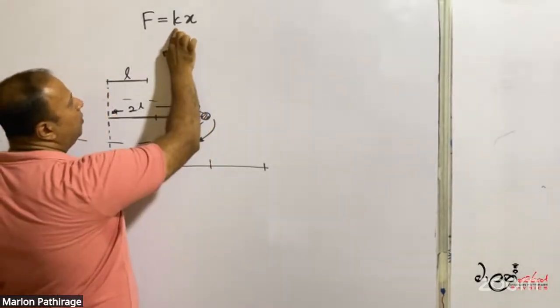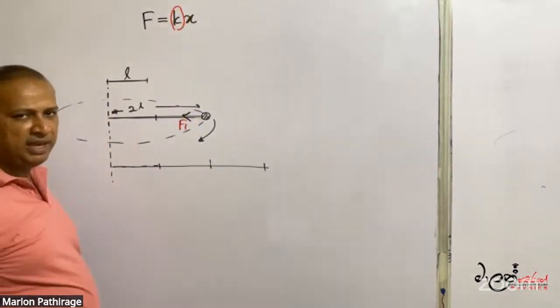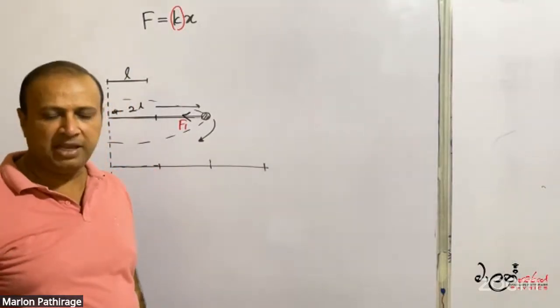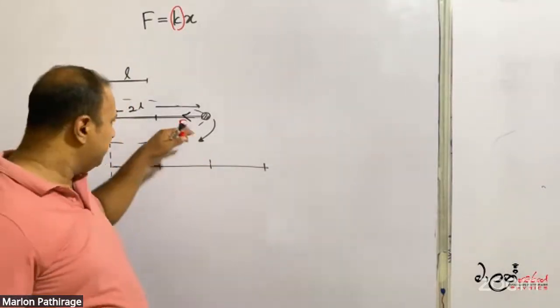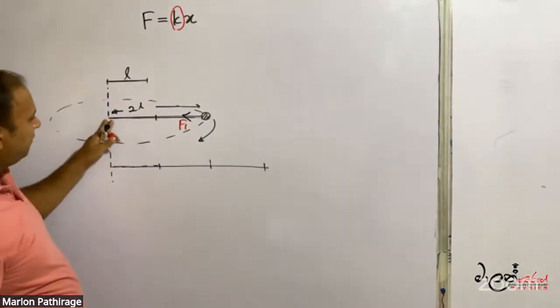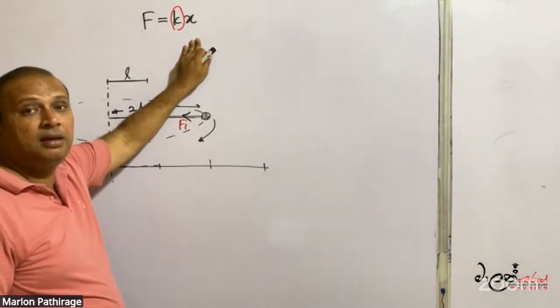Now k is a constant, because k is the spring constant, or force constant. Therefore, that is a constant for this material. So the force should be proportional to x, where x means elongation.